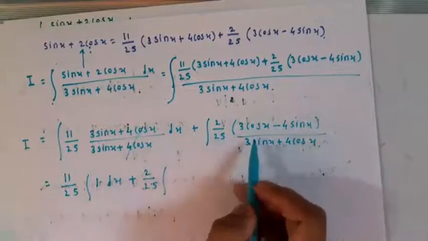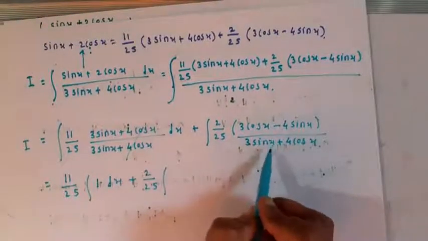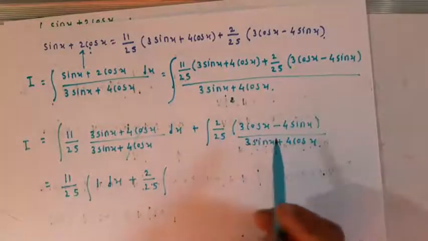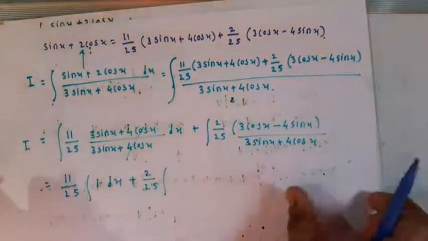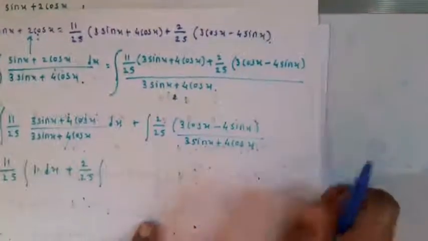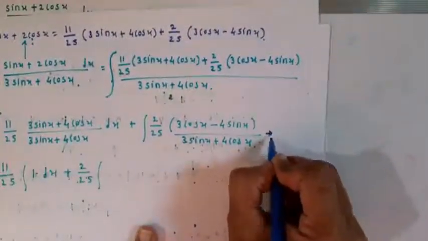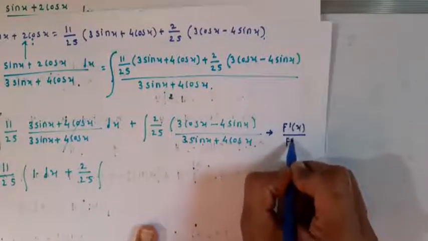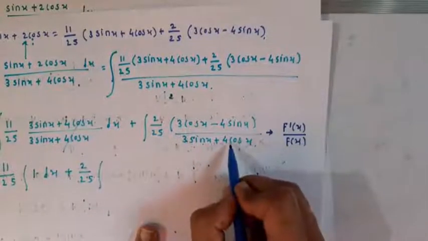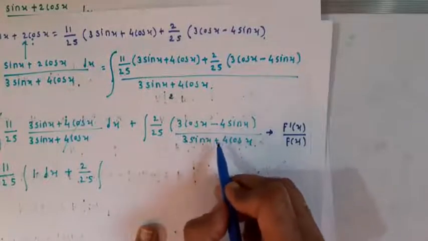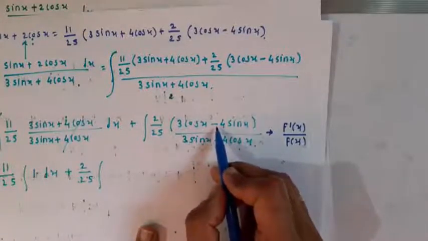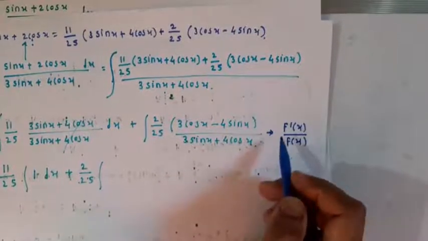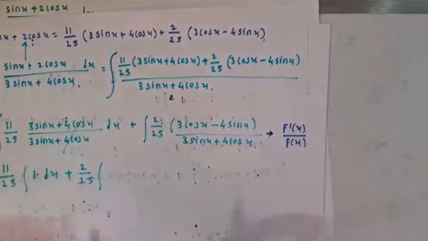Now students, if we observe, the term at the numerator is the derivative of the term at the denominator. So the second term is of the form f dash of x upon f of x: at the denominator there is a function, and at the numerator there is the derivative of that function.